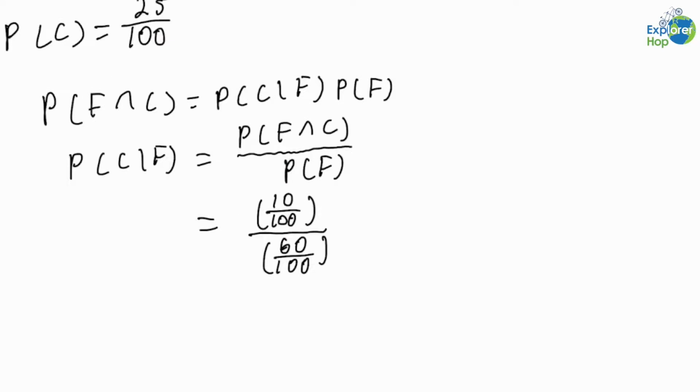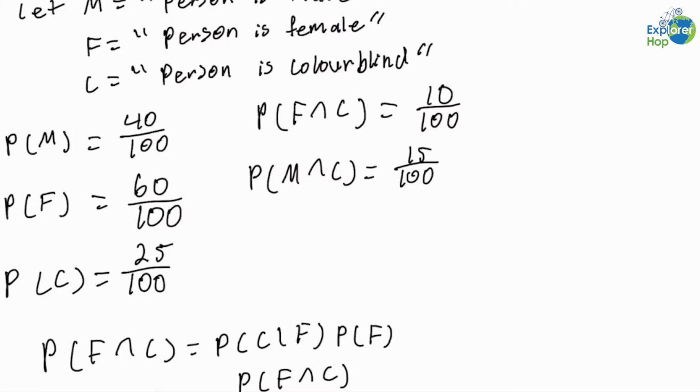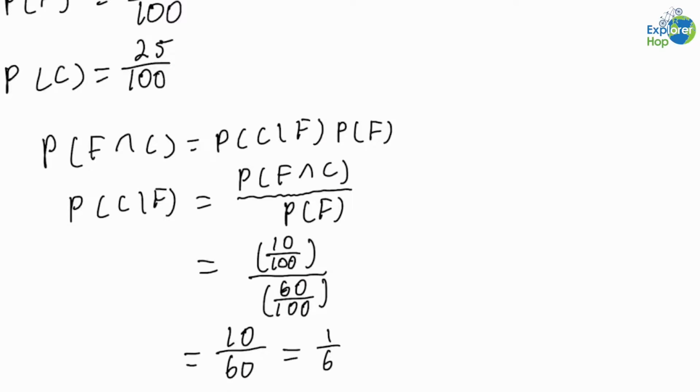And this, of course, is just equal to 10 over 60, which is equal to 1 over 6. So that gives us the probability of event C given event F. So that gives us the probability of a person being colorblind given that they are female. Now let's move on to part B.